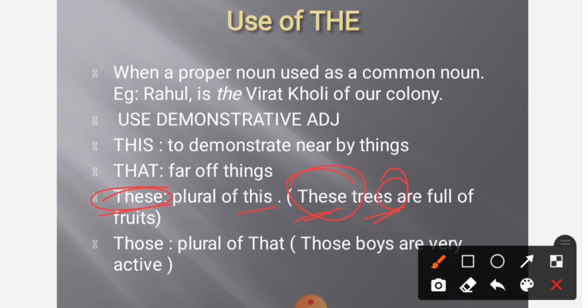And 'those' is the plural of 'that'. Those boys are very active. If I say 'that boy is very active', it is singular, and I am using 'that' because the boy is a little bit far away from me. I am pointing out that boy. But if it is more than one boy, I can say those boys of class 9th or 10th are very active.